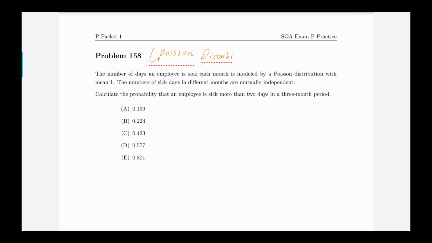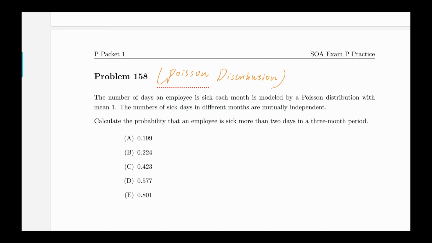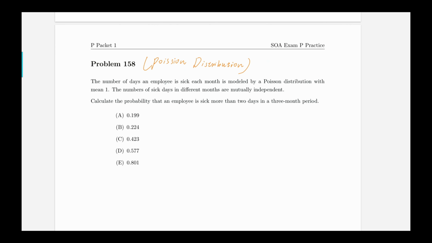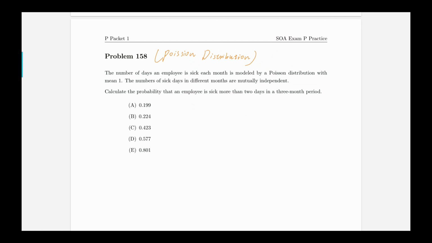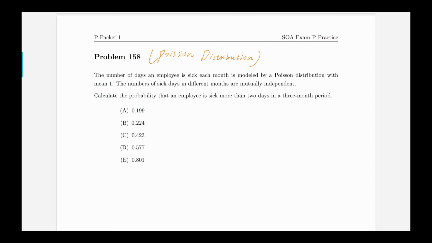Personally, my spelling is really bad. So Poisson distribution. To understand how Poisson works, we need to understand what its equation is. A Poisson distribution is usually studying a discrete case where P of a random variable equals some number k.